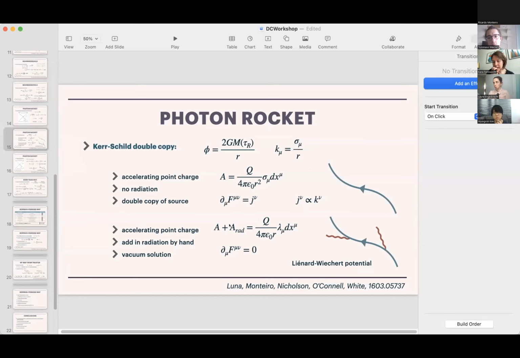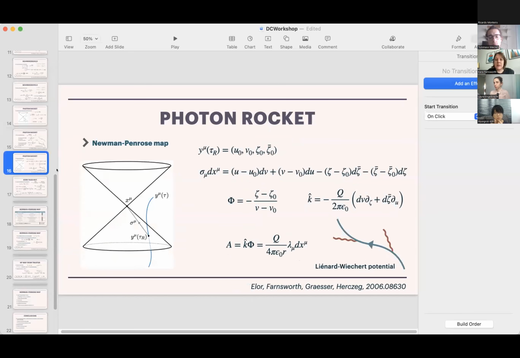I see. So, do you understand why in your formulation you didn't have to add the radiative part by hand? So in our formulation, sorry. Yeah. So something seems to make it just appear there. So no matter what we got, we had to get a vacuum solution.